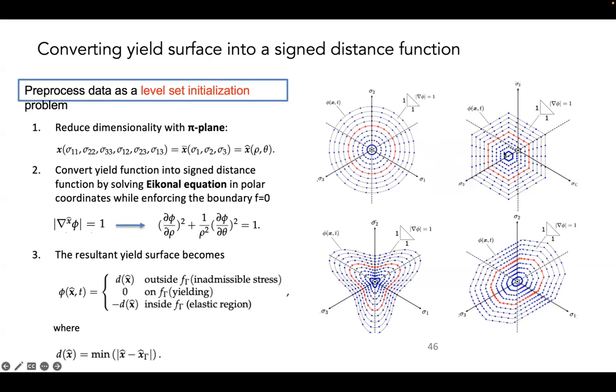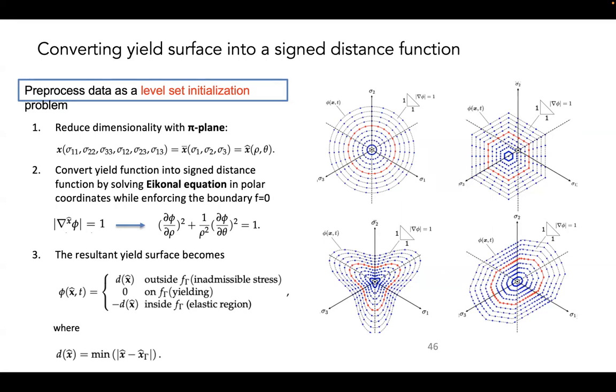One thing you may notice is that if you use the level set to train on the data, you would need the data everywhere, not just at the yielding point. This is how to create a very stable yield surface, and that could be important for the evolvement to train the hardening and the softening.